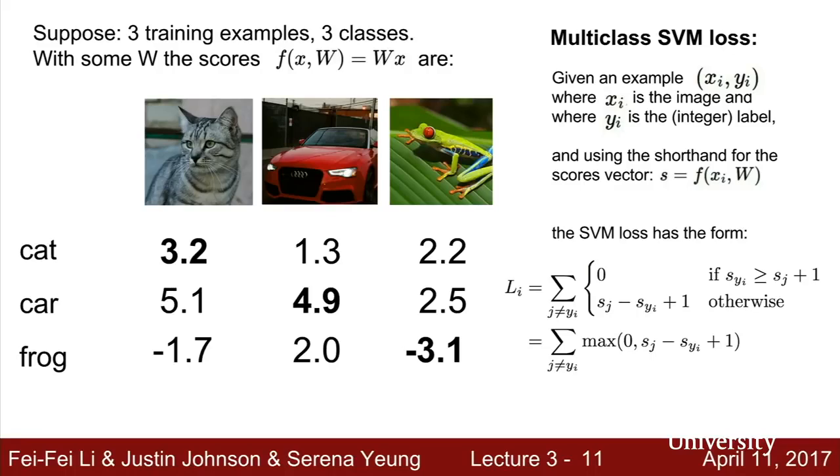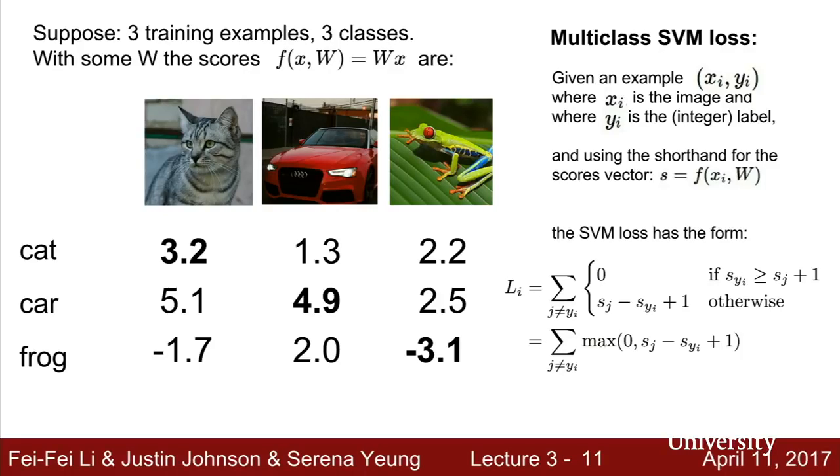So this loss function has kind of a funny functional form, so we'll walk through it in quite a bit of detail over the next couple of slides. But what this is saying is that the loss L_i for any individual example, the way we'll compute it is we're going to perform a sum over all of the categories j except for the true category y_i. So we're going to sum over all the incorrect categories, and then we're going to compare the score of the correct category and the score of the incorrect category.